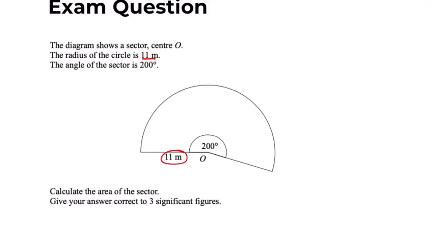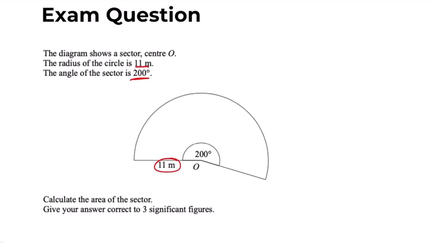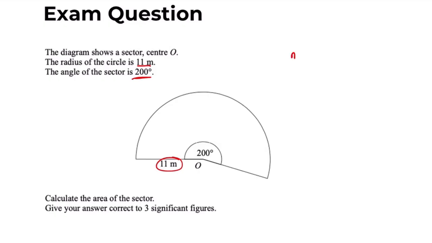Over here, we know that the angle of the sector is 200 degrees, and we need to work out the area of a sector. So the area of the sector is just going to be the angle in the sector divided by 360. Then you're going to multiply it by pi, and then you're going to multiply by the radius squared. So the radius is 11. So you have 11 as your radius, and then you're going to square it.